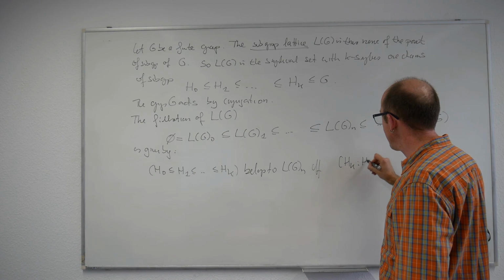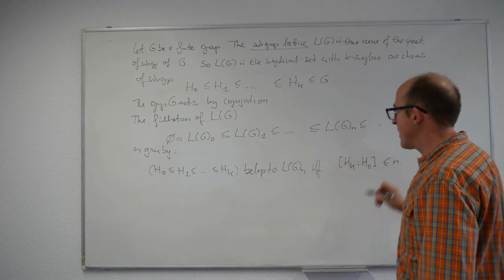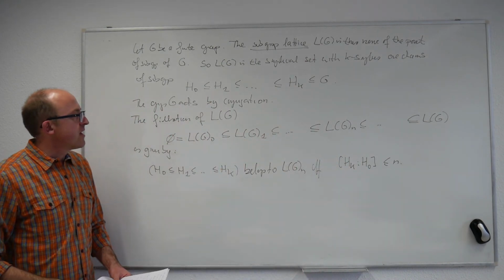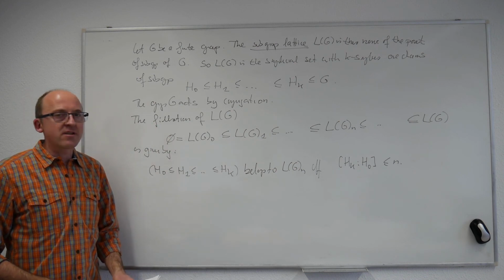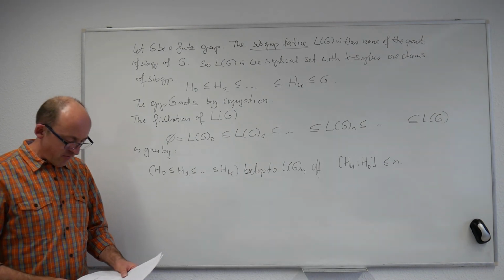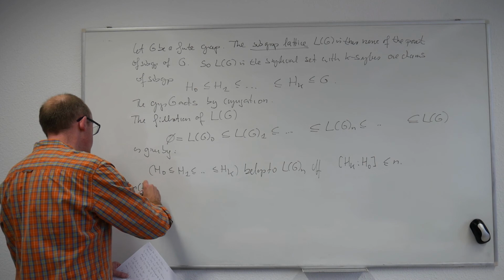If the index of the biggest group relative to the smallest group is less than or equal to n, and then of course all the other indices must also be less than or equal to n. This is clearly preserved under the conjugation action of G, so it is a G-invariant sub-simplicial set of the subgroup lattice. And here's Markus Hausmann's theorem.